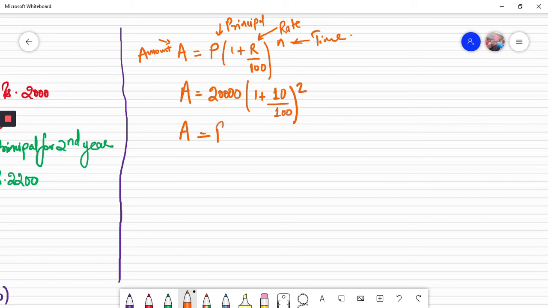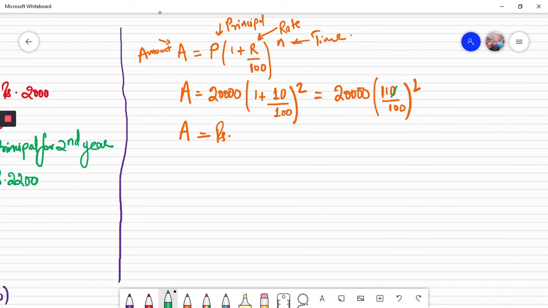So do the calculations, you will get rupees. See, I'm just simplifying the calculations for you. You have to be patient for doing these kinds of calculations. Take the LCM. So this will be 110 by 100 whole square. You can also simplify the values for now, that is 11 by 10.